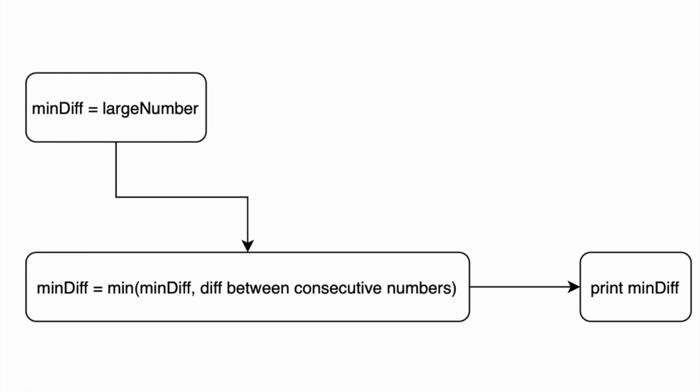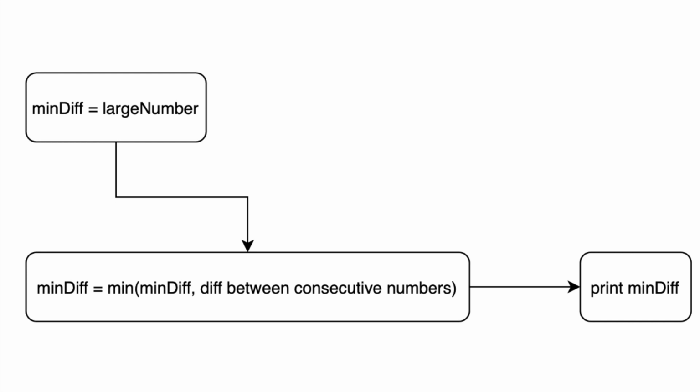After the loop, I'll be printing the mindiff variable, which would be the minimum difference possible. You can understand how this is possible by analyzing the process. What we are doing is completely fine. Instead of sorting the array, we are finding the minimum every time and storing it in the variable while we are looping through the array.